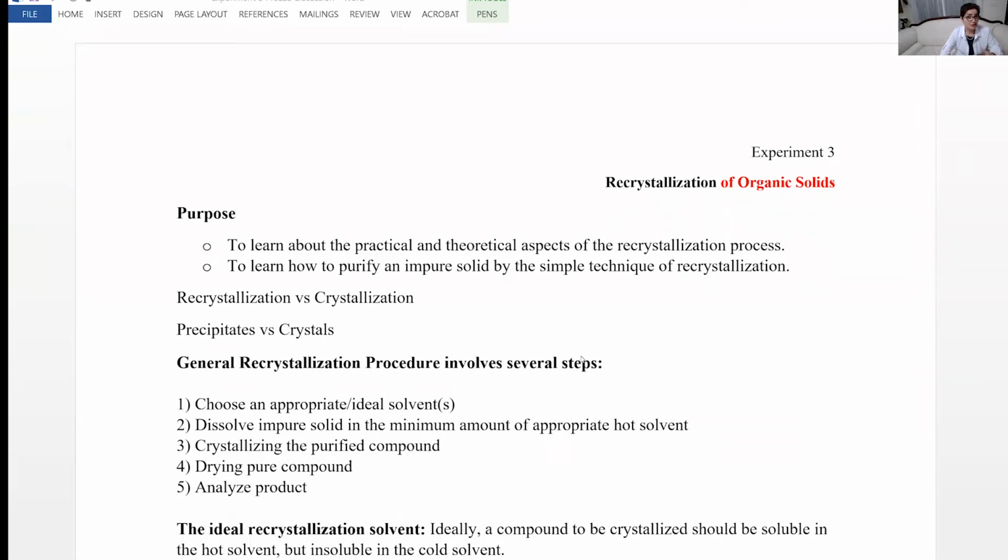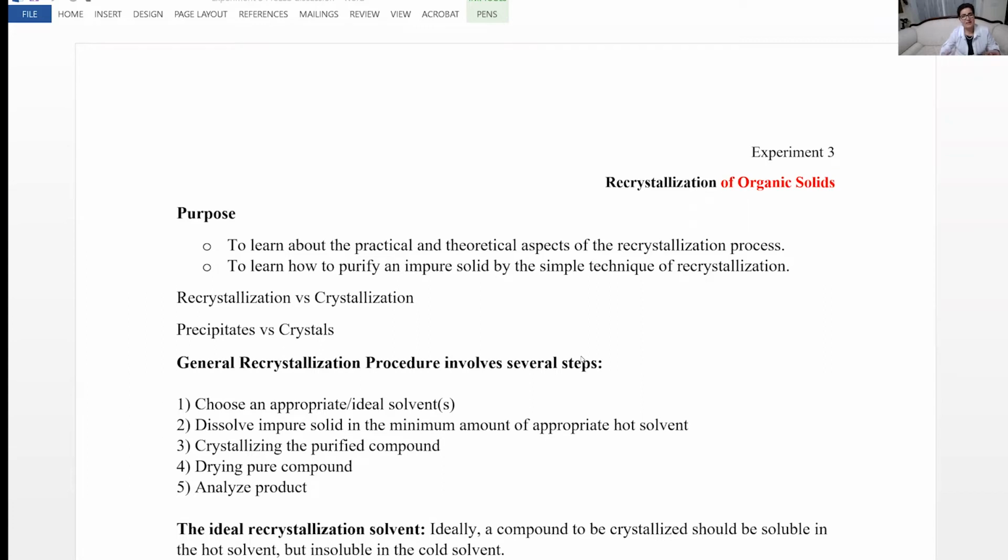And when it's recrystallization, you start with the solid. So you already have crystals. You're going to dissolve it, and then you're going to recrystallize again. That's the difference.